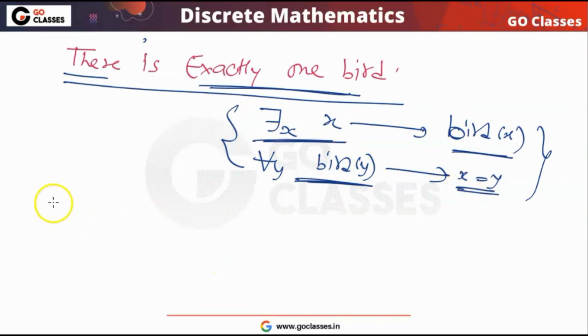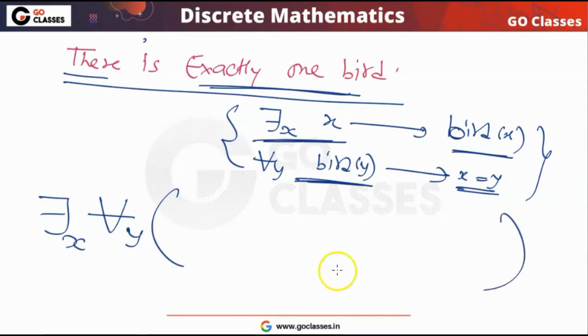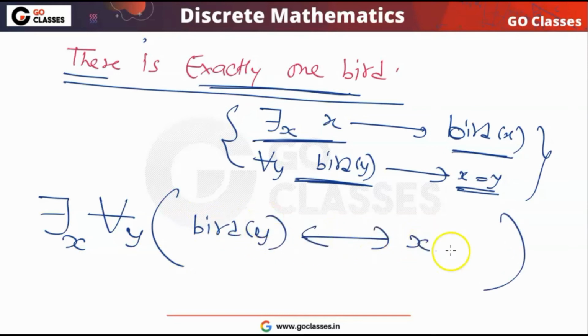So I can say that there exists a bird, meaning there exists x. For all y, we are saying that y is a bird if and only if x is equal to y. Okay, so this is the point. Y is a bird if and only if it is x.